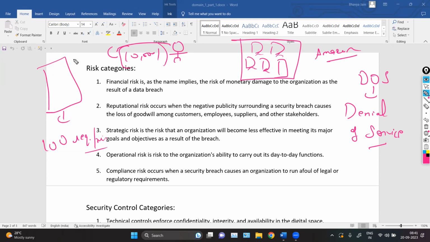So that is the main purpose of a DoS attack, which is a denial of service attack: you are taking down the server by sending numerous requests at the same time, which is out of the capacity of the server. For example, the server is handling 100 requests, and the attacker is sending 10,000 requests, double, triple the capacity.